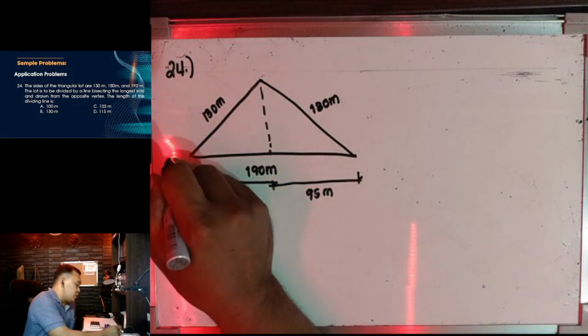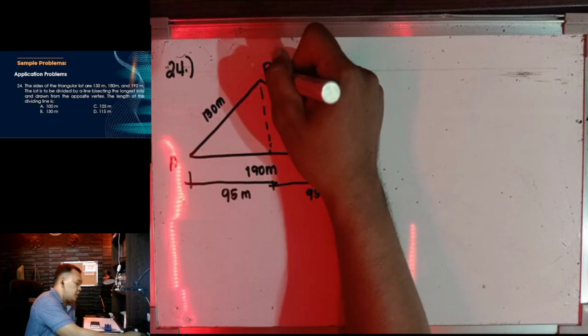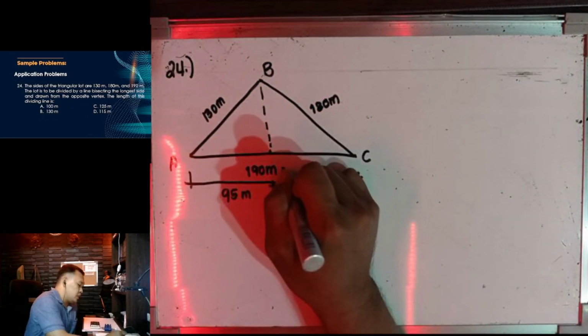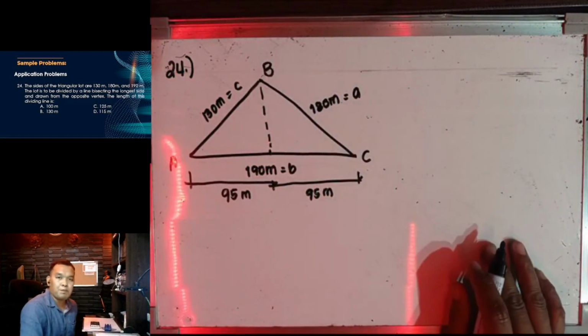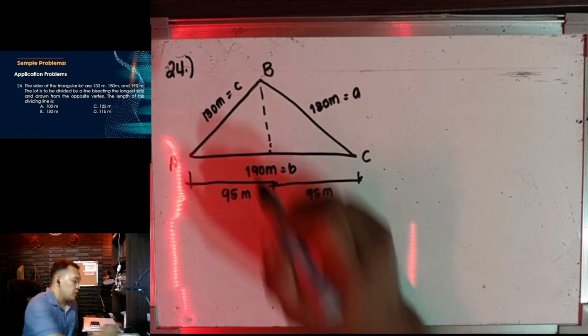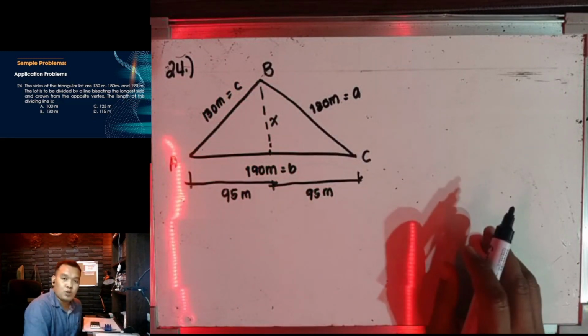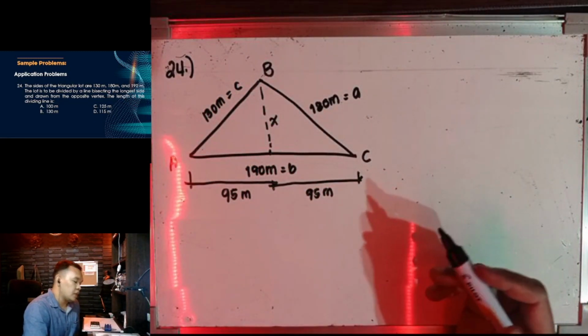Then, let's say ito si A, B, and C. Therefore, ito si B, C small a, and C small c. So, to get the value of this one, so first, kunin muna natin yung angle ng isang side.